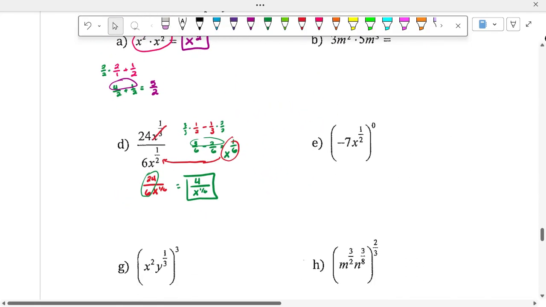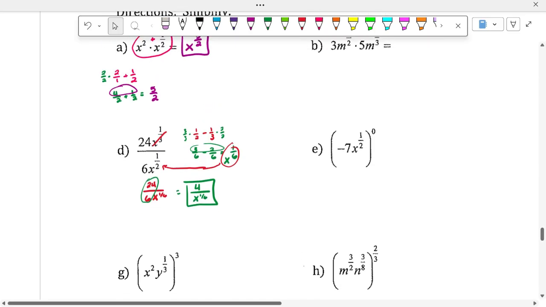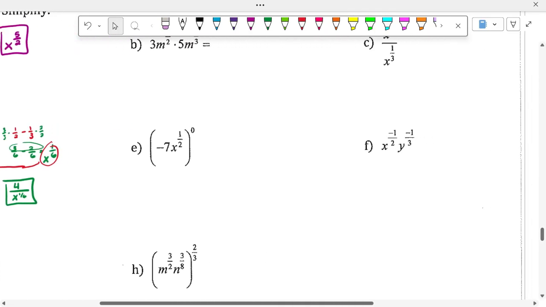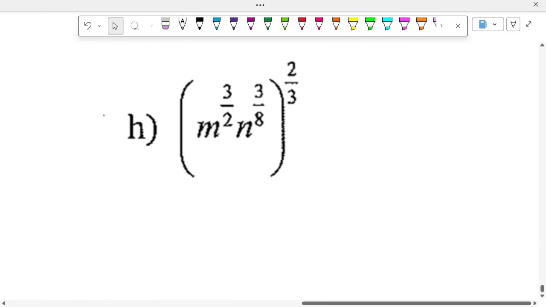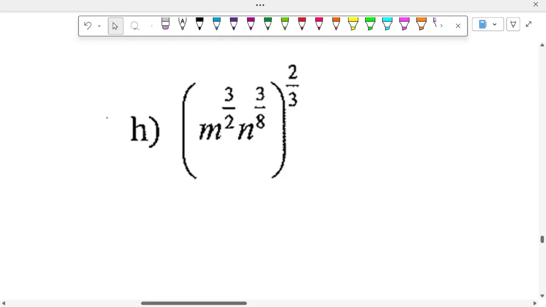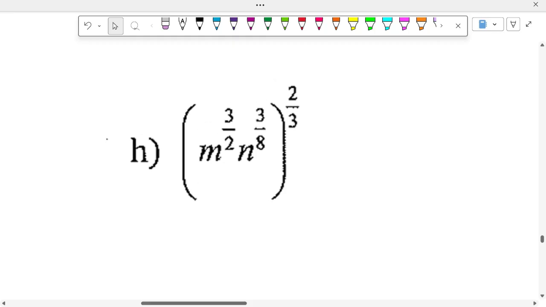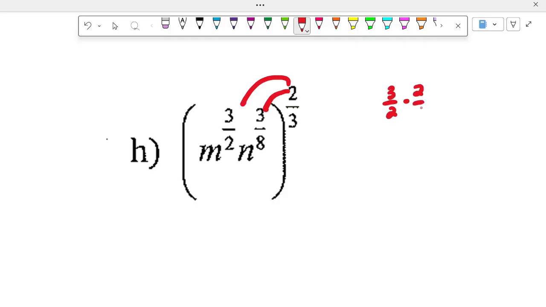All right. Last one I want to do is a power rule. Let's look at H. So remember, you multiply it to each fraction. Now, multiplying fractions is easy. So I have 3/2 times 2/3, and I have 3/8 times 2/3. How do I multiply fractions?